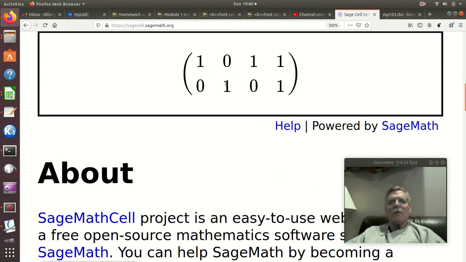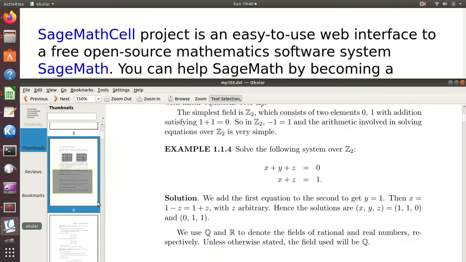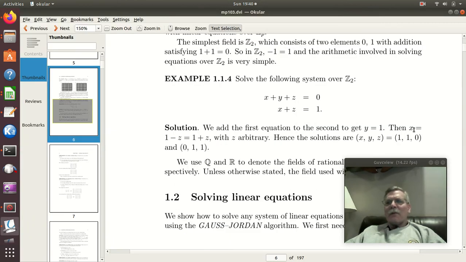Now, let's do this and just see what we get. And so here we get that Y had to equal 1, and that X plus Z had to equal 1. And let's go back to the book. Their solution said Y had to equal 1, and that X had to equal 1 minus Z, or X plus Z had to equal 1, and then they changed it to 1 plus Z because we're in Z2.